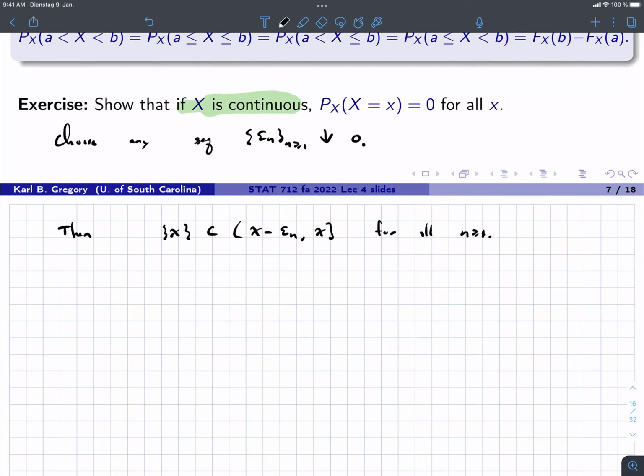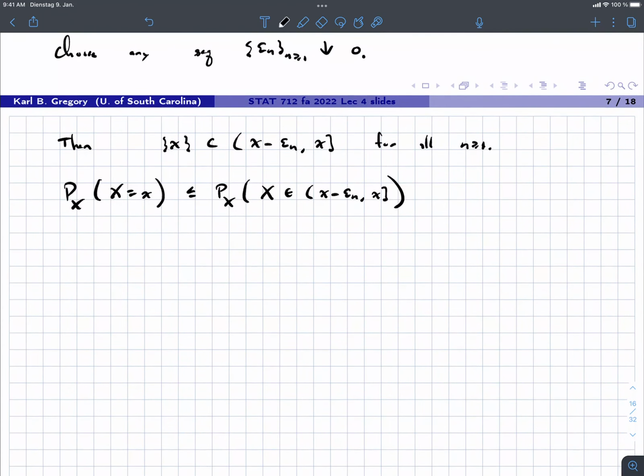So I can write in consequence that the probability that X equals little x is less than or equal to the probability that X belongs to this interval. Okay, because it's this idea that if A is contained in B, it means probability of A is less than or equal to probability of B. That's where that comes from.